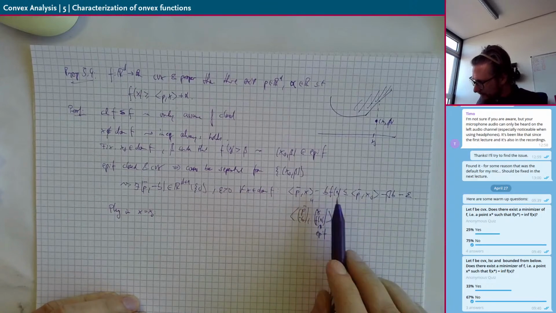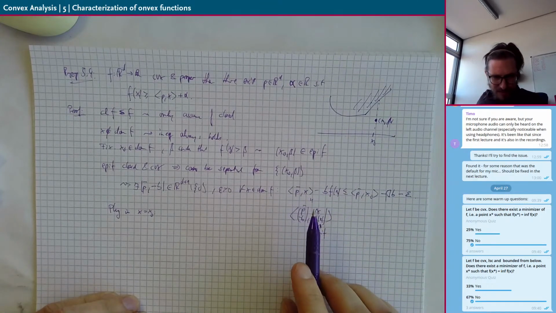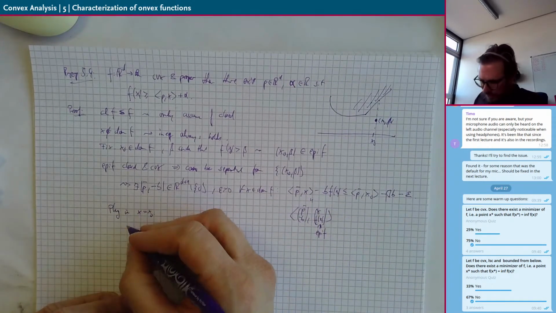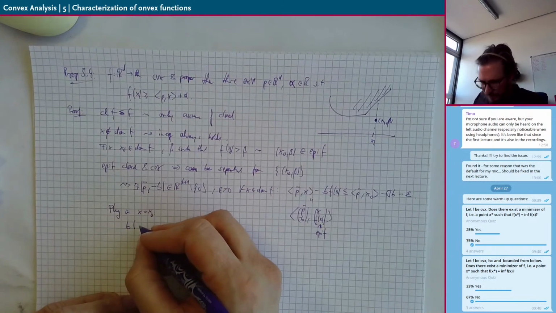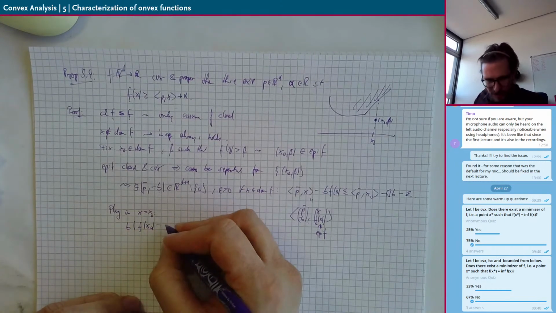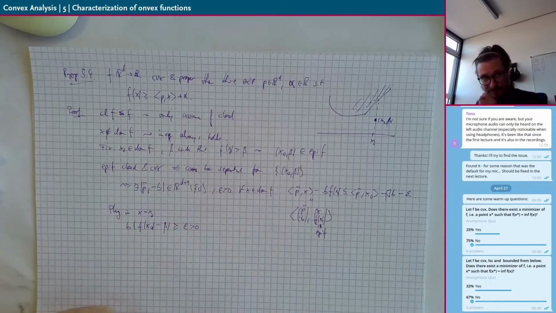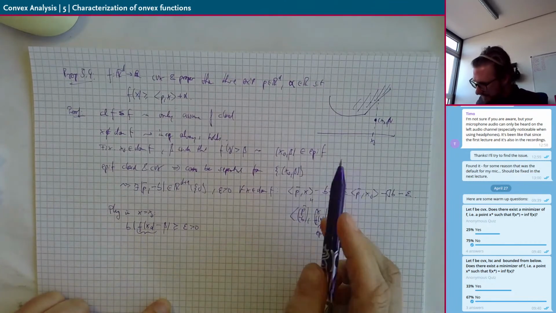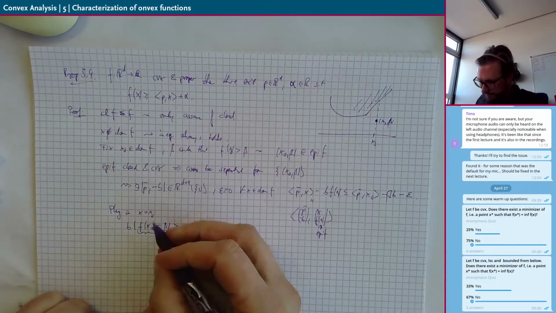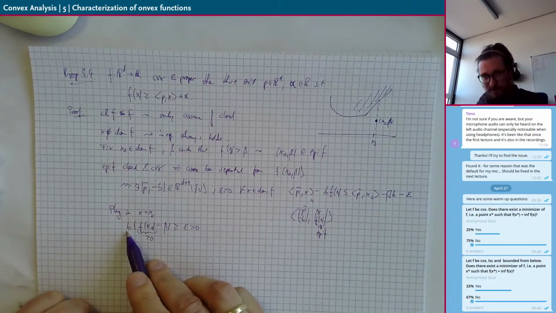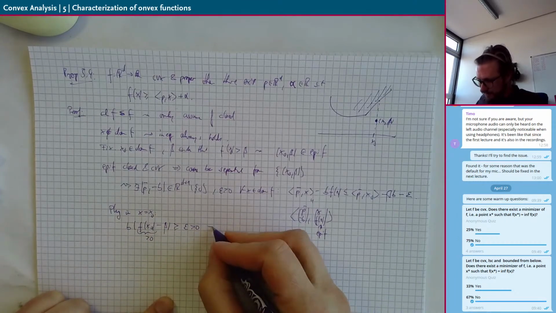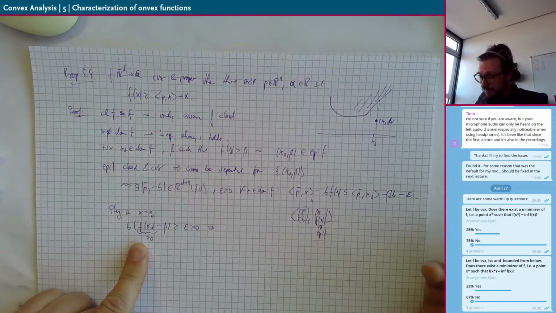Then these two terms will be the same and vanish, and the inequality can be rearranged to b times f of x0 minus beta is larger or equal to epsilon, which is positive. So this is positive by assumption. Consequently, b has to be positive.